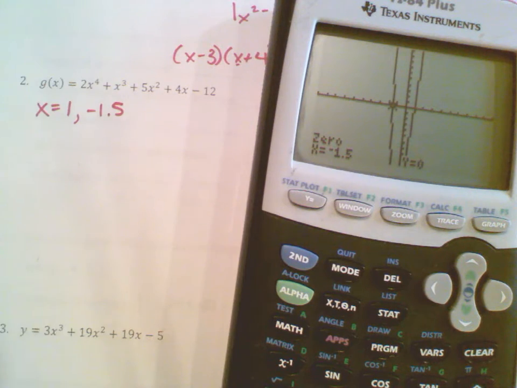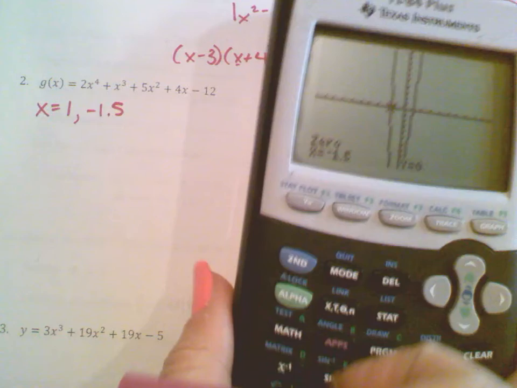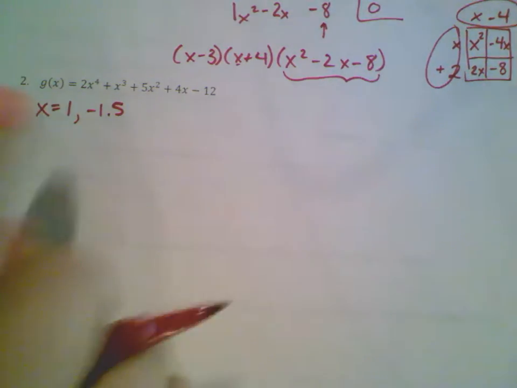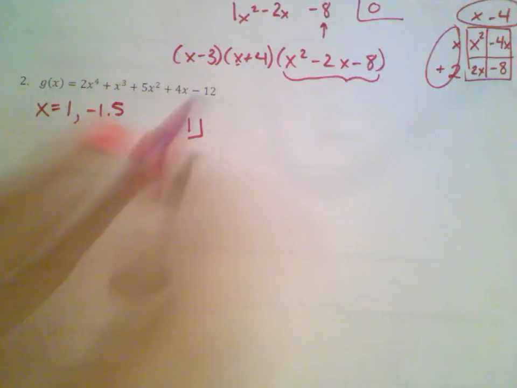I'll use those two zeros to help me find the rest of my solutions. So now I'm going to use synthetic division again. Remember that for synthetic division, you'll use your zeros. You can use either one to start. I'll use 1 just because it was first.